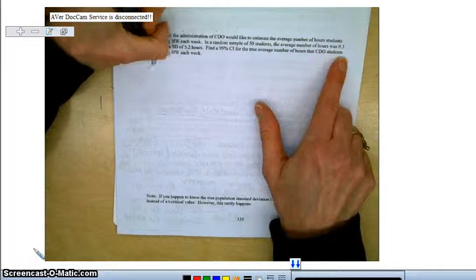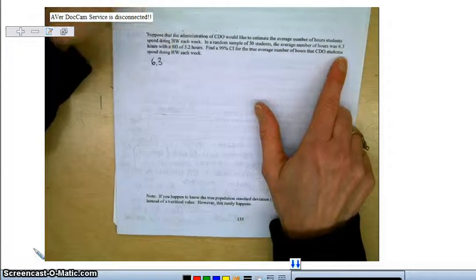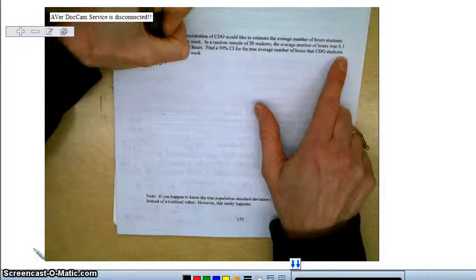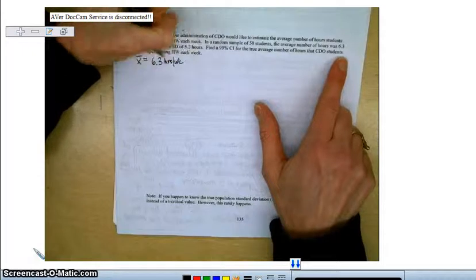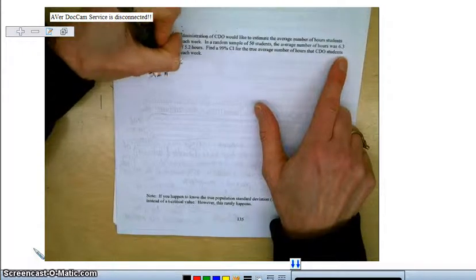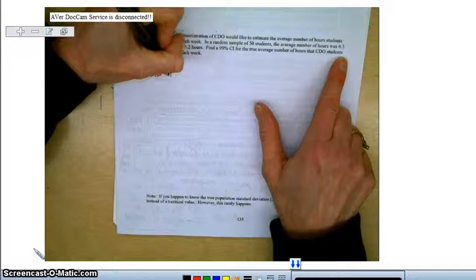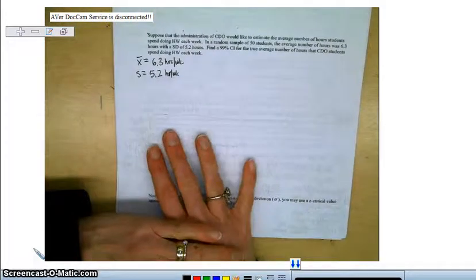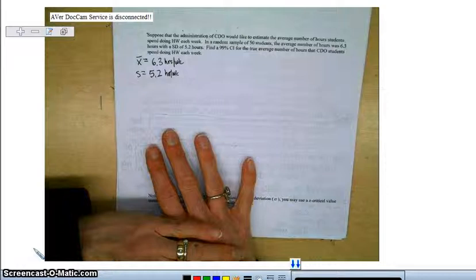So 6.3 is X bar. And 5.2 hours per week is S, good. So find a 99% confidence interval for the true average number of hours that East High students spend doing homework.